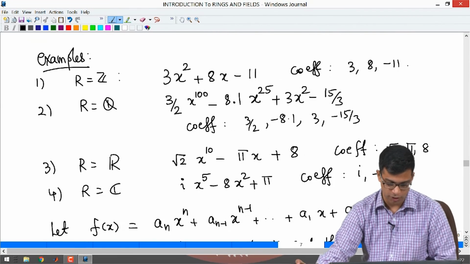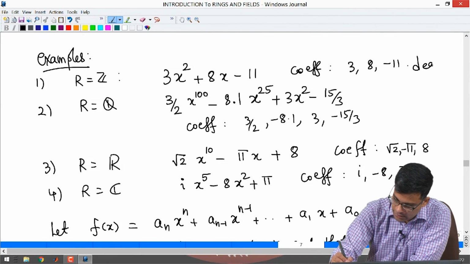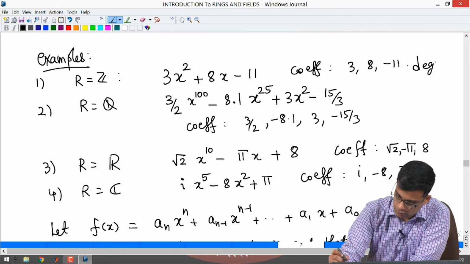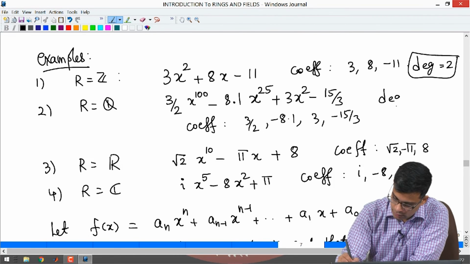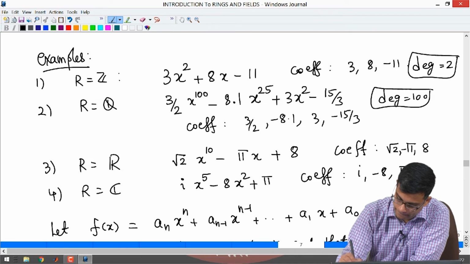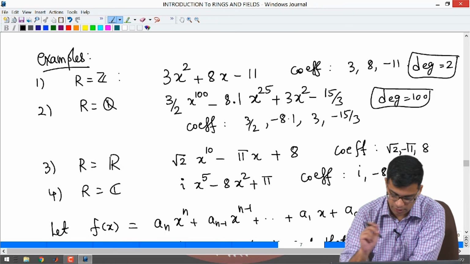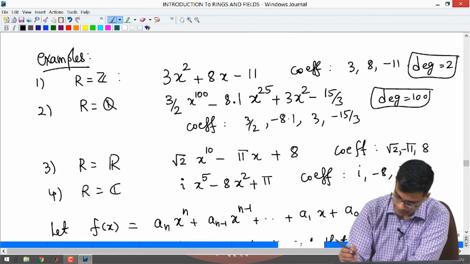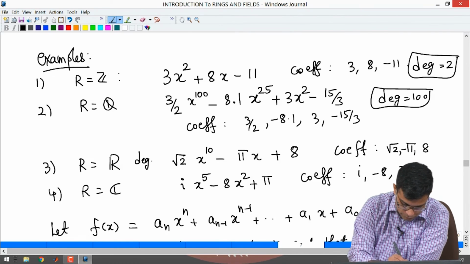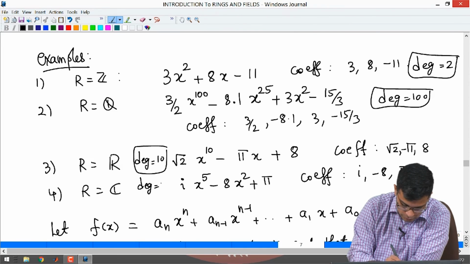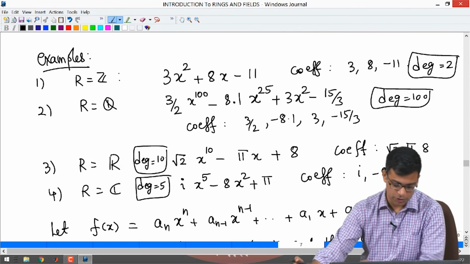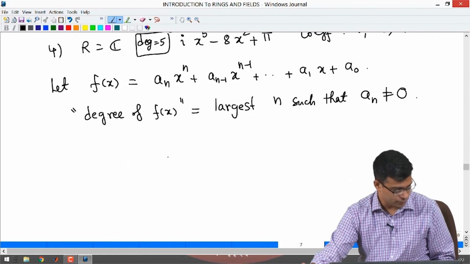So, if you go back to the examples here, the degree here is 2, the degree here is 100, because the largest term that has a non-zero coefficient is 100. Here the degree is 10, here the degree is 5. Okay, so that is degree.